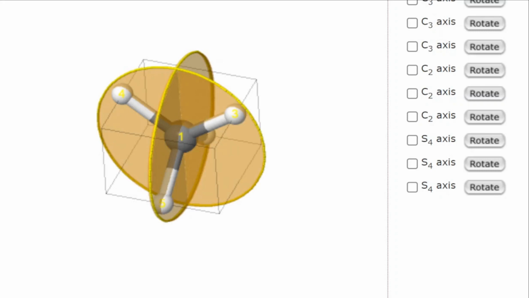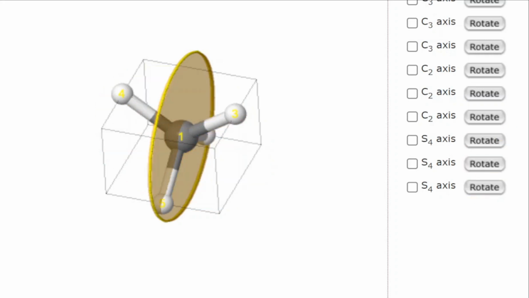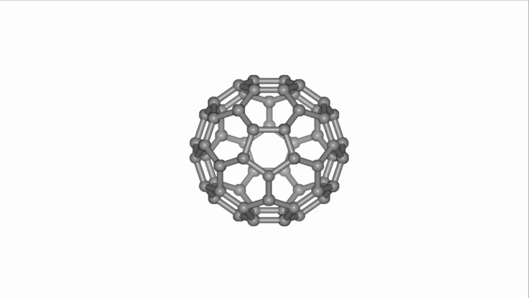Similarly, we have 6 symmetry planes, and in all cases you see that this reflection plane passes through 2 bonds, and hence we have 6 planes of symmetry in the methane molecule.